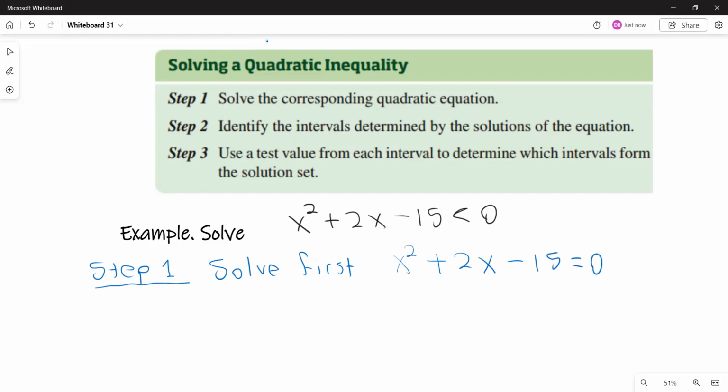That is something that can be factored. We can solve this equation by factoring. The expression on the left factors as x plus 5 and x minus 3. So this has two solutions, negative 5 and 3.